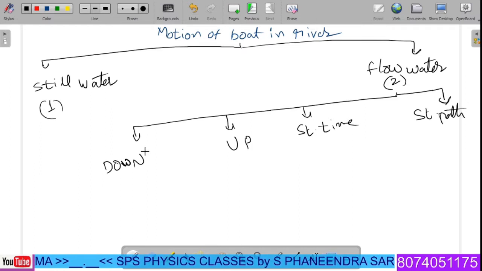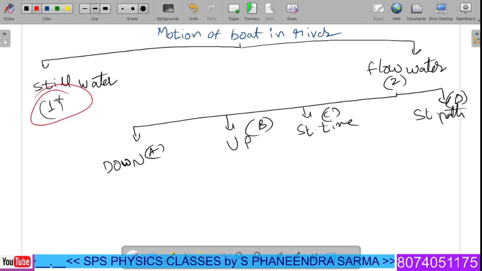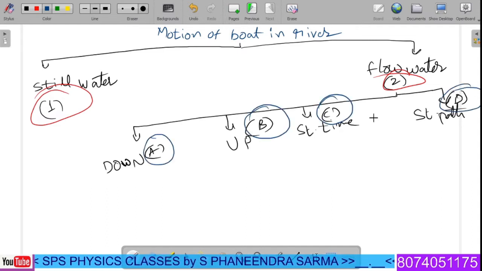We have totally four conditions: A, B, C, D. One more time I am repeating. The first condition is still water and flow water. And the next conditions, in the flow water, are downstream, upstream, shortest time and shortest path. So these are the conditions we need to face from the examination point of view.